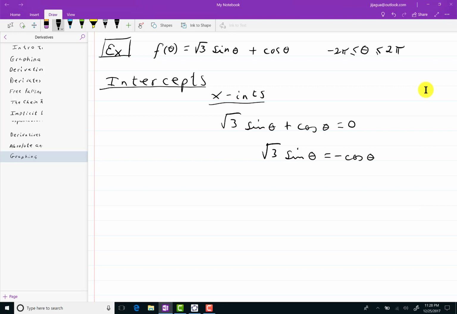Divide by sine of theta. So now it becomes radical 3 equals negative cotangent of theta. I'm going to flip things around a little bit and arrive at tangent of theta equals negative 1 over radical 3. And try to find all the theta values between negative 2 pi and 2 pi for which this happens.